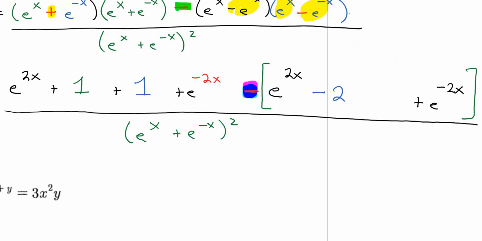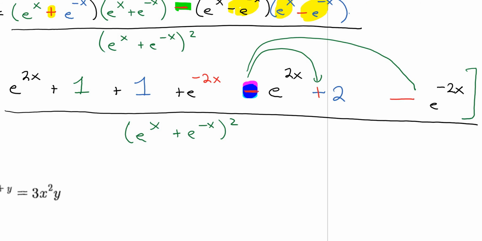And this minus sign, if I distribute that in, that's going to become positive 2, right? And then if this minus sign distributes with that guy, that becomes a negative sign. And then that should take care of all the signs.